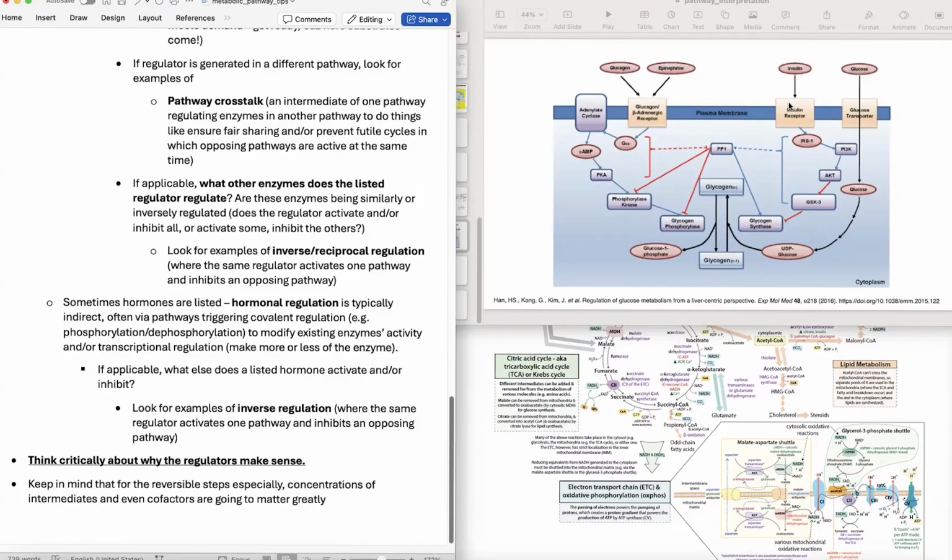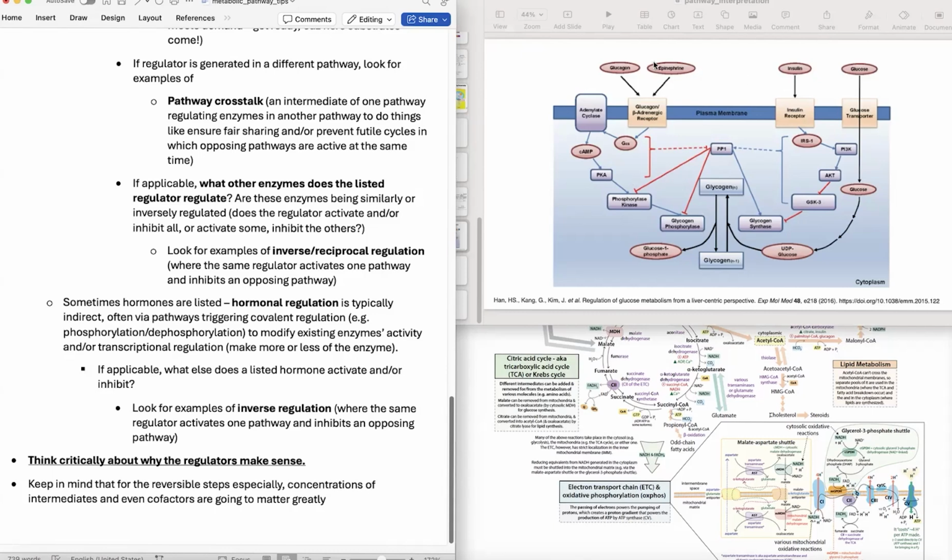So for example, insulin and glucagon, they often have these inverse roles where insulin activates, say, a phosphatase, and then glucagon activates protein kinase A, and then the protein kinase A puts on the phosphate groups that are altering the activity of enzymes, and then insulin comes in and activates the protein phosphatase that then removes the phosphate groups, kind of reversing the actions.